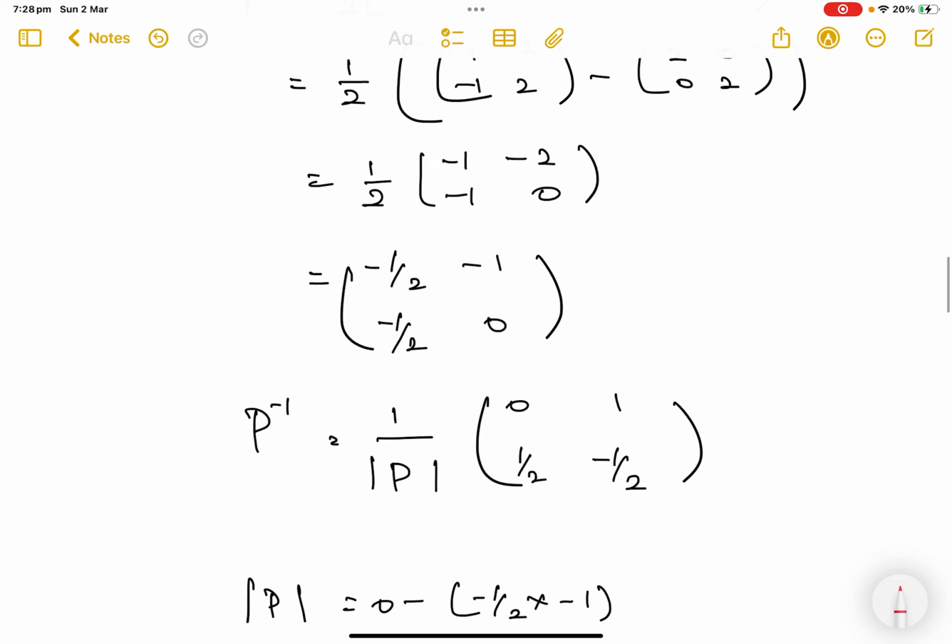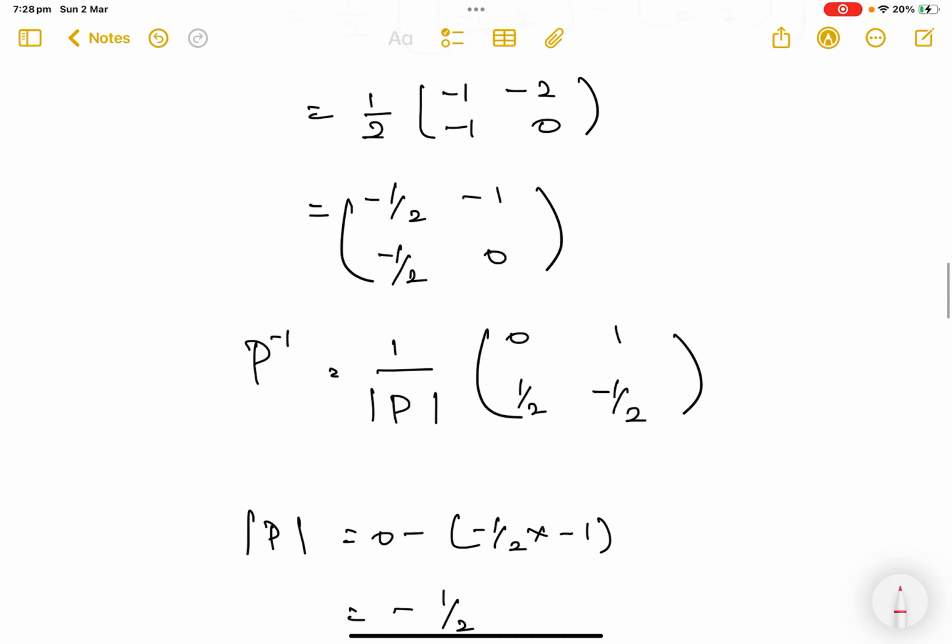Half still, then take the half inside, or multiply by the half. Minus 1 times half is minus half, minus 2 times half is minus 1, minus 1 times half is minus half, and 0 times half is 0.